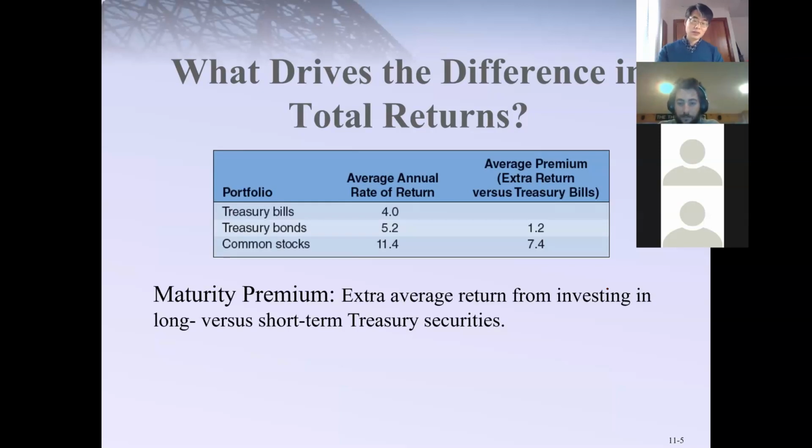So we talked about interest rate risk, right? The asset with the longer duration is riskier. And because of that, they demand a higher rate of return. And in the case of stock, it is basically a perpetual security, right? It doesn't have a maturity. So that's the reason why stock is riskier.